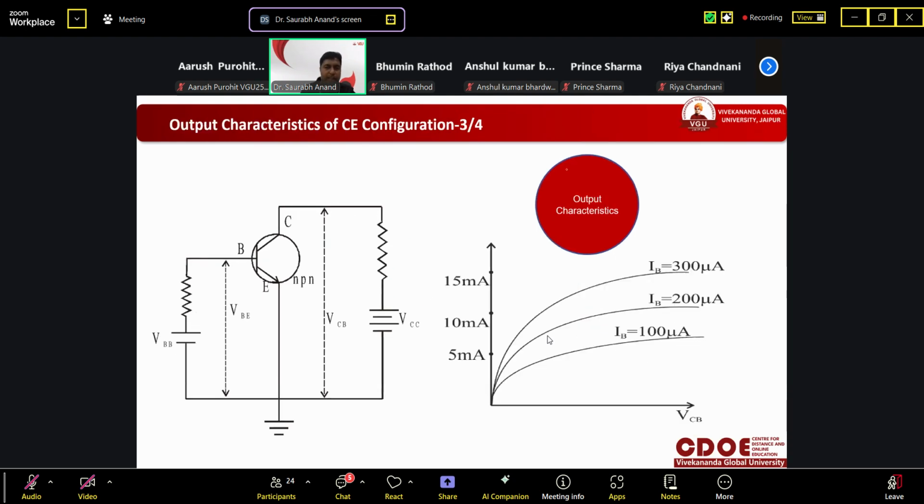And for output characteristics, it will be drawn between output current, that is IC, versus output voltage, that is VCE, while input current, that is IB, should be constant.